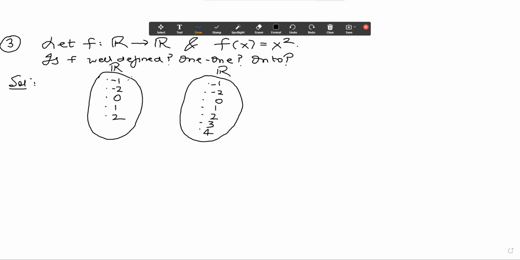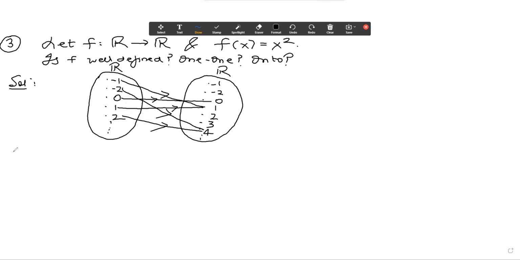So guys, -1 ka square is 1, -2 ka square is 4, 0 ka square is 0, 1 ka square is again 1, 2 ka square is again 4. And I can go forward, dots and all. So is f well defined?